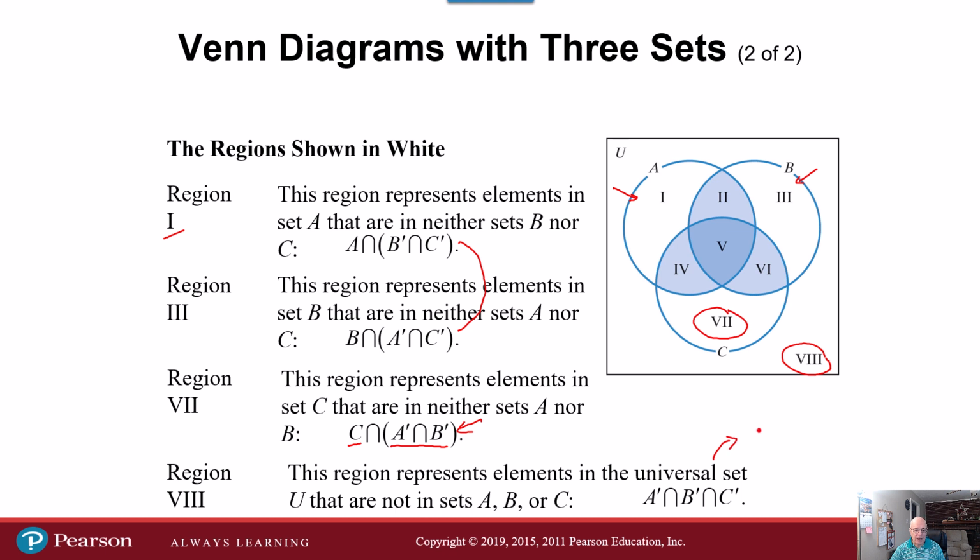Another way of doing that would be taking A union B union C. That's everything dumped together, and then take the complement of that. These two are talking about the same region.